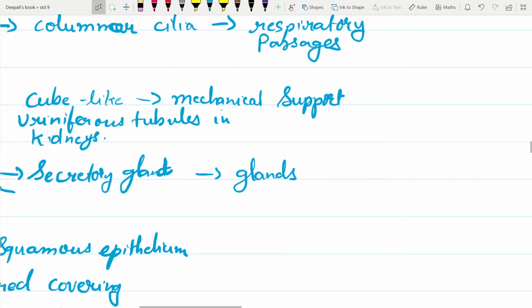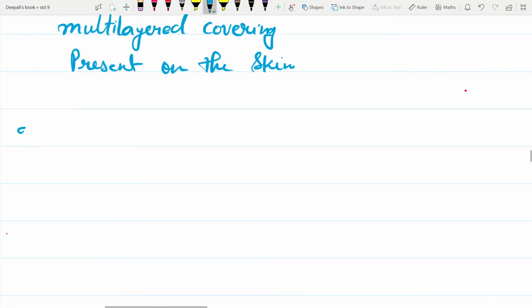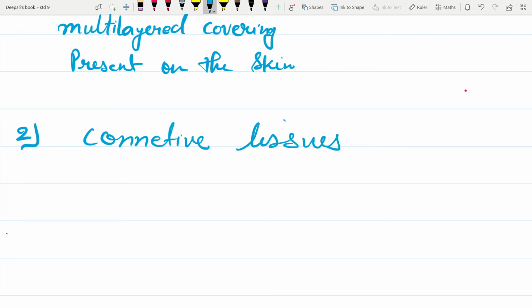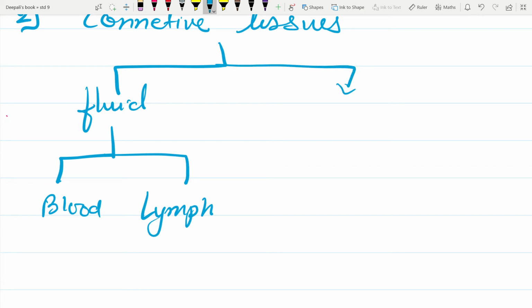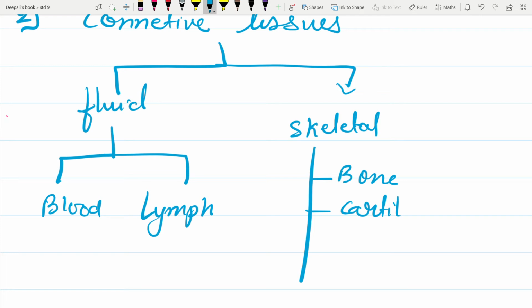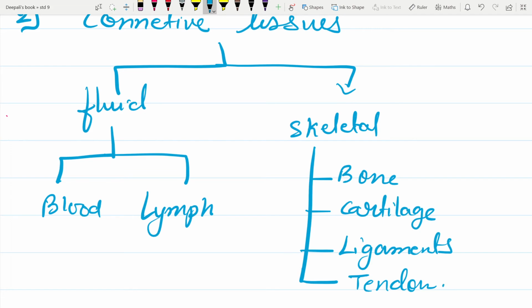Now, these connective tissues are again of two types: fluid, which is further classified as blood and lymph, and the other one is the skeletal, which has bone, cartilage, ligaments, and tendons. Now let us see the function of each of it.